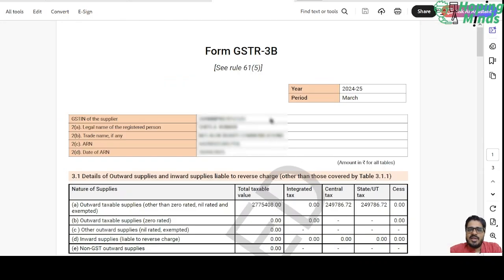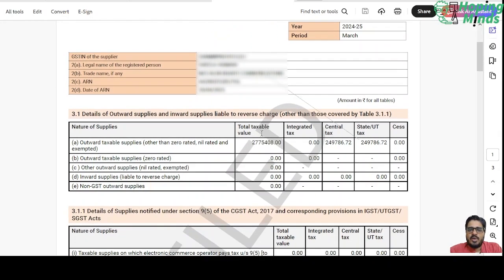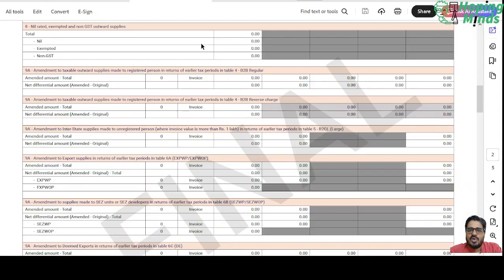So here is the GSTR-3B return. The total amount comes to 27,75,408 rupees. Corresponding taxes are 2,49,786.72 and 2,49,786.72. So this was the total amount.